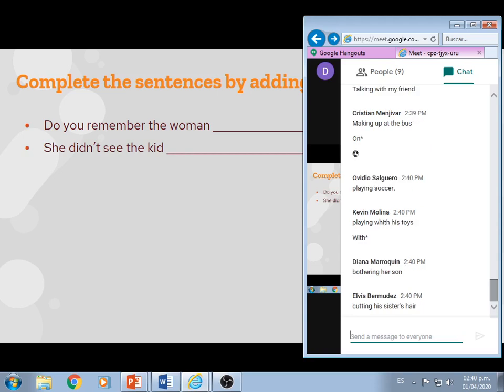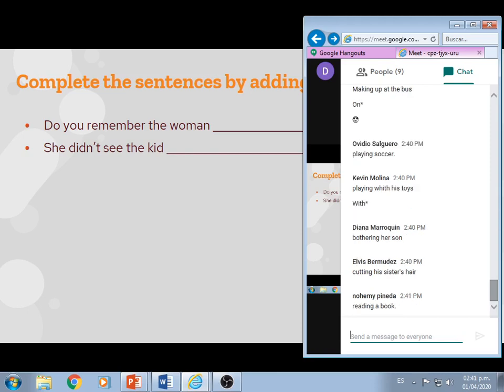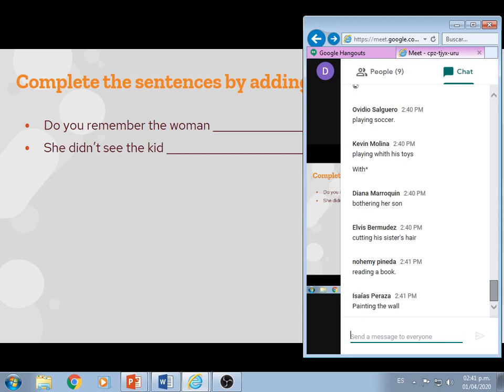Yeah, and thank God that she didn't see it. Imagine, maybe she would have hit the kid. Okay, so let's see. Cutting his sister's hair. Oh, okay. What kind of cruel, yeah? Cutting his sister's hair. Reading a book, yeah, Noemi. It's okay. Painting the wall is a yes. Perfect.